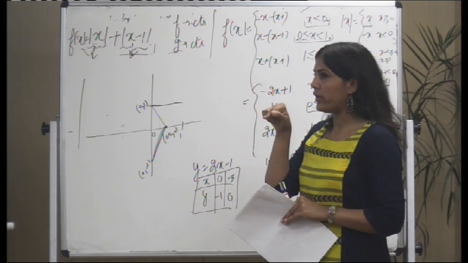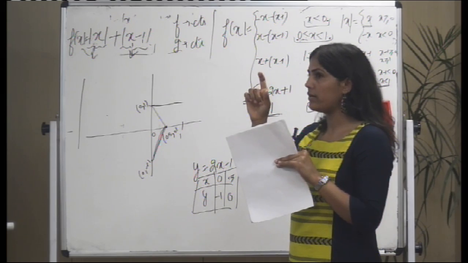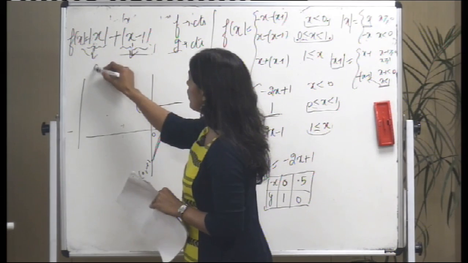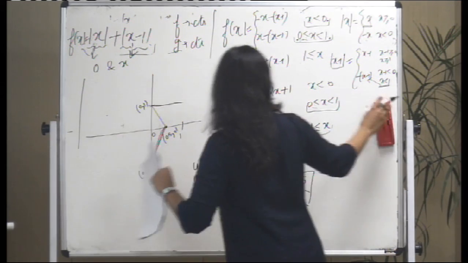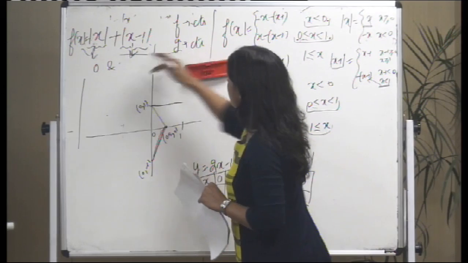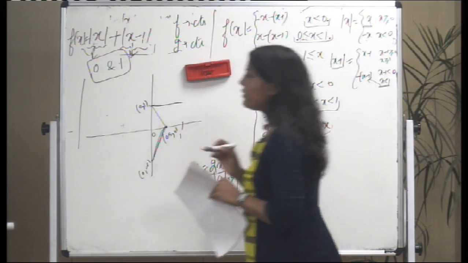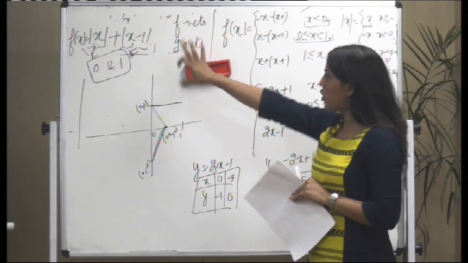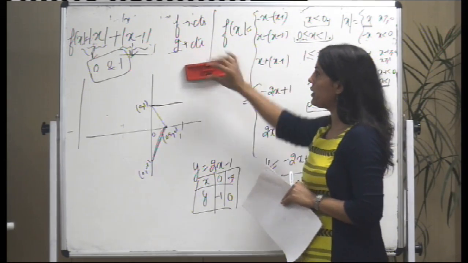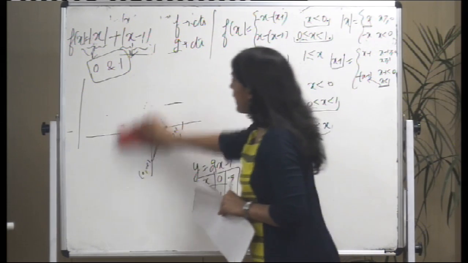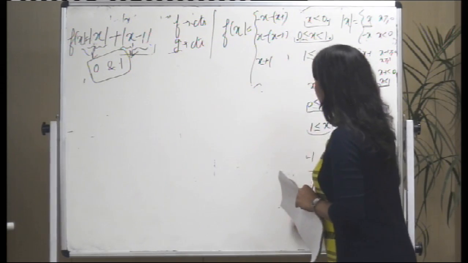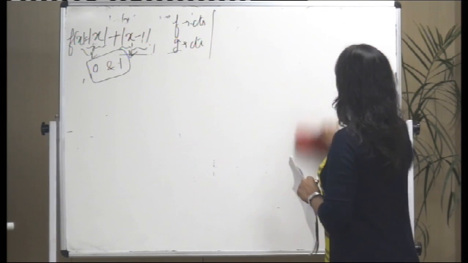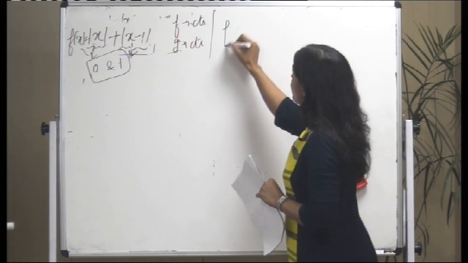Two sharp edges means the function is not differentiable at 2 points, at 0 and at 1. Is it fine? So any graph, any mod function you can draw now. The conclusion is that every mod function is continuous but not differentiable accordingly.